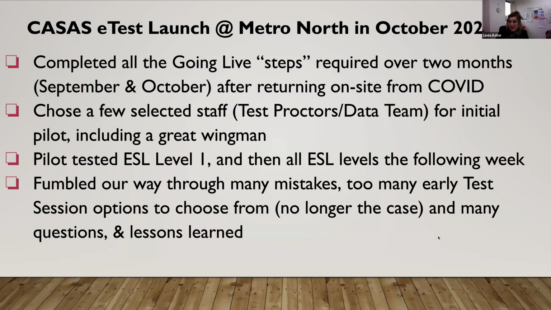But we made a lot of mistakes. Early on, we thought we needed to create test sessions to deliver a specific test level and a specific test subject, but learned along the way that you don't have to do that. If there are test scores living in TOPS Pro, there are test sessions where you can fix the settings.